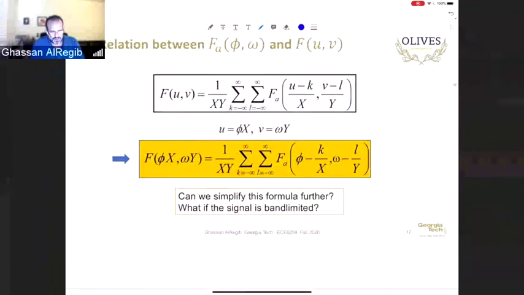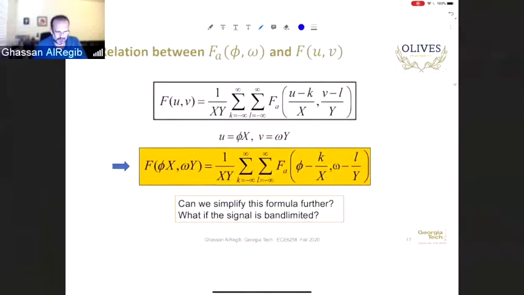So remember the change of variable that we introduced, that mu is equal to phi times capital X and nu is equal to omega times capital Y. I could really bring that expression back.